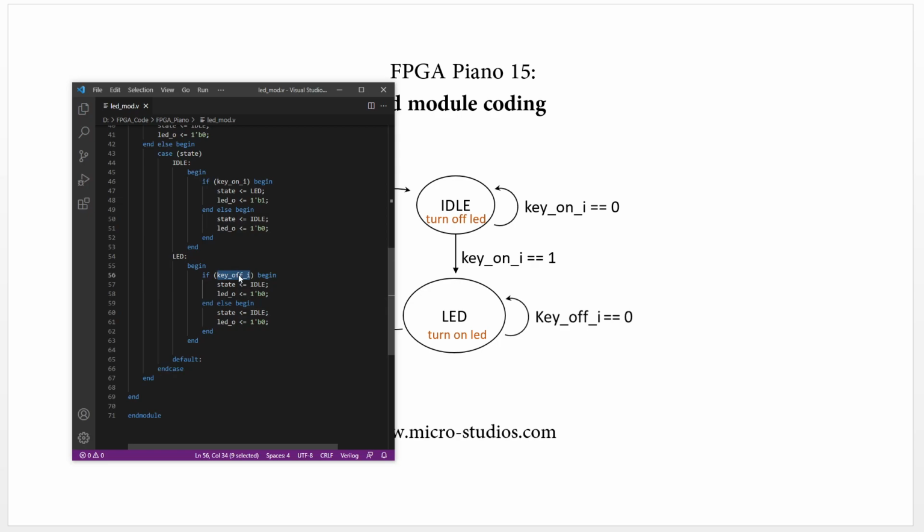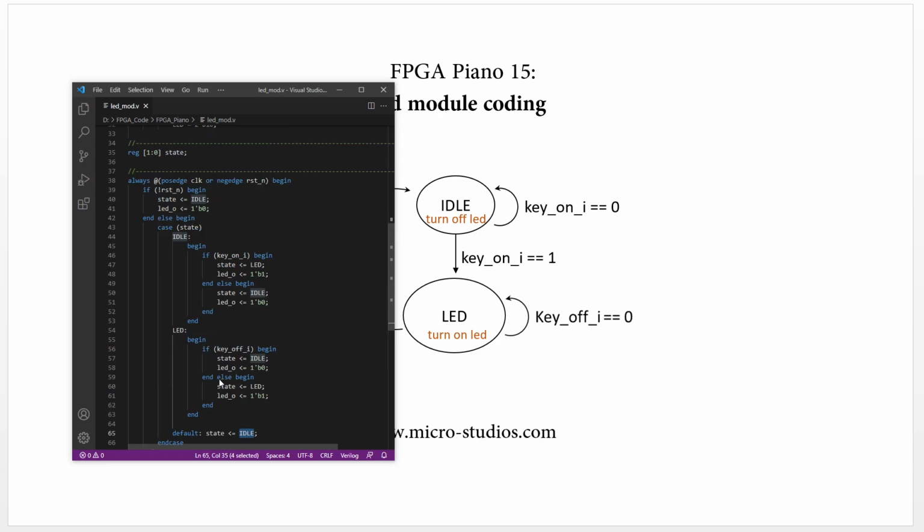And if it is 0, we stay in the LED state and keep the LED output on. For the default situation, we make the state go to the idle state.